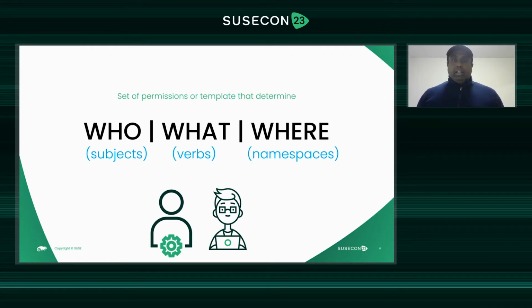Verbs are the set of operations that can execute on resources. And where is the namespace. These are pretty much the objects that are available on the clusters. They can be pods, services, nodes, things that make up the Kubernetes.